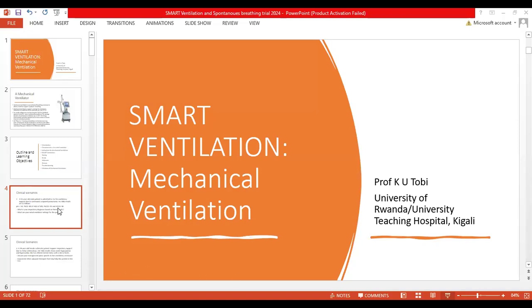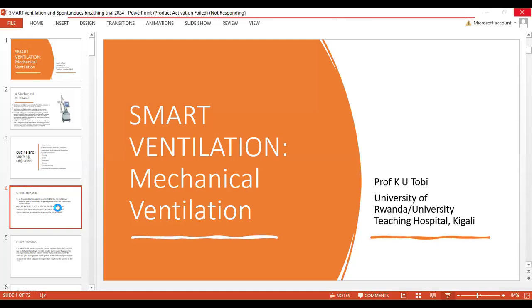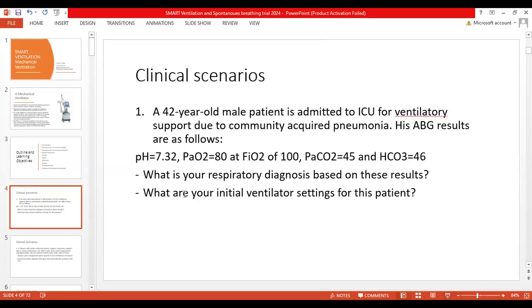Good evening, Prof. Good evening, ladies and gentlemen. The patient has respiratory acidosis, and for this patient we want to put the patient on a mechanical ventilator. We want to hyperventilate the patient so that the patient can lose some CO2.